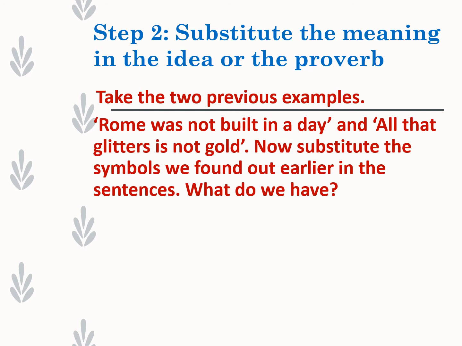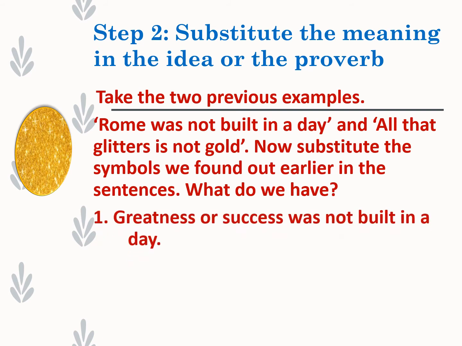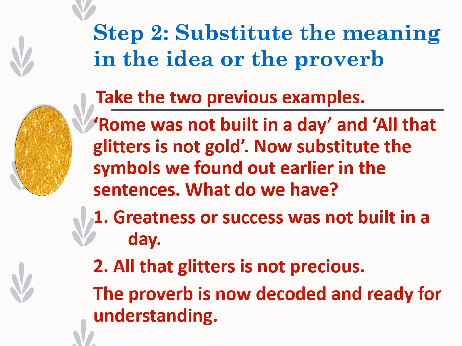So substitute the symbolic language for literal meaning, real meaning. So what did we find out? That greatness or success was not built in a day, and all that glitters is not precious or expensive. So now the proverb is decoded. We found what is the meaning of it, and it is ready for you to understand and to write the expansion.